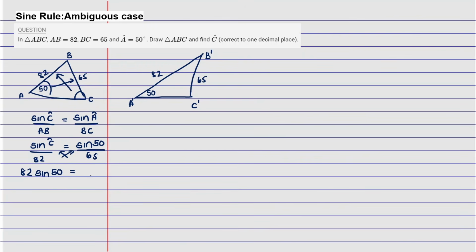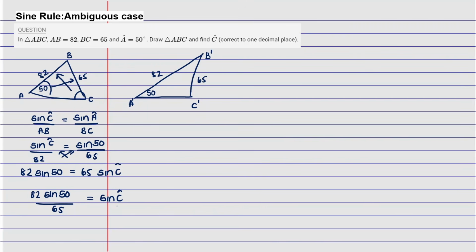That seems right. And this is going to be 65 sine C. That's correct, right? So now we want sine C unknown, so we're going to take the 65 to the other side. So it's going to be 82 sine 50 divided by 65 equals sine C, right?